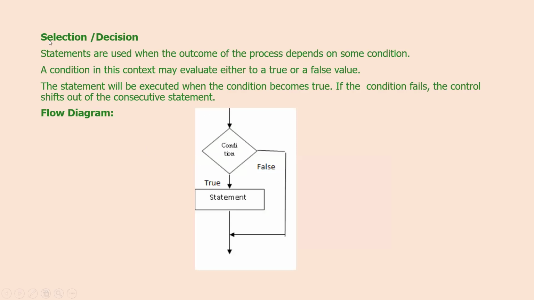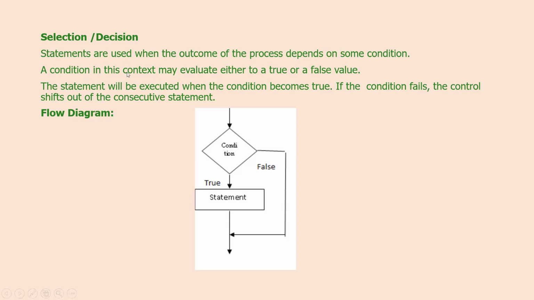The next block is the selection block. It is also called the decision block. In the selection block, statements are used when the outcome of the process depends on some condition. It is similar to sequential, but we will have some condition, and based on that a particular block will be executed.